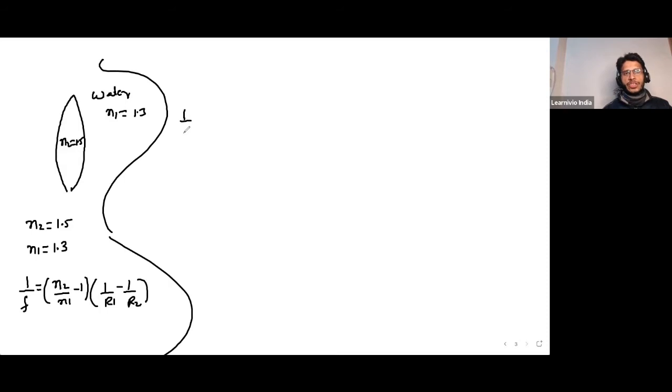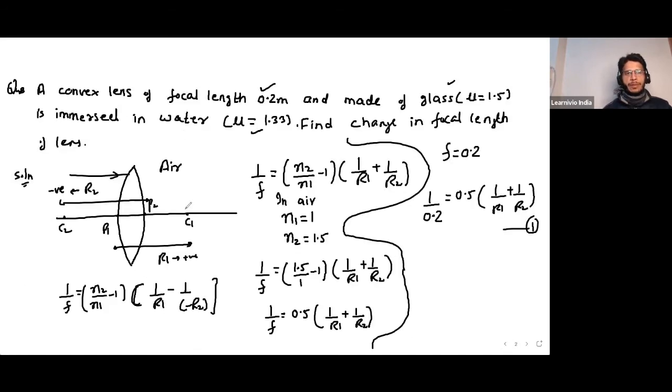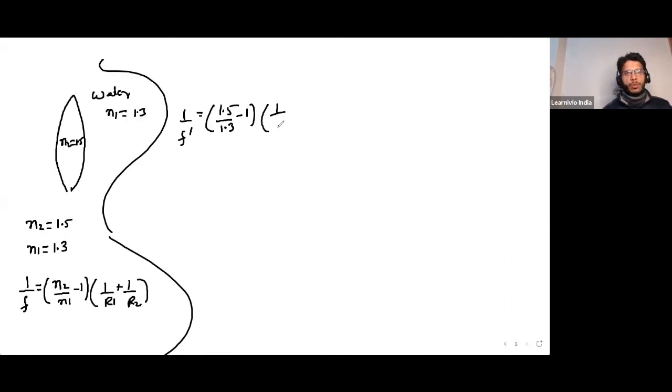See, the focal length will change definitely. I put it as 1 by F prime. Your N2 is 1.5, but your N1 is now 1.3. This expression, 1 by R1 plus 1 by R2, will remain the same. Now if I take LCM, LCM is 1.3.